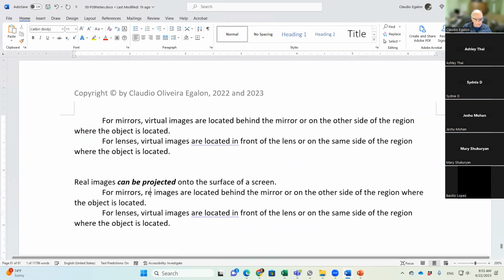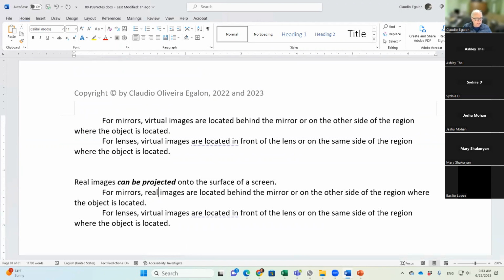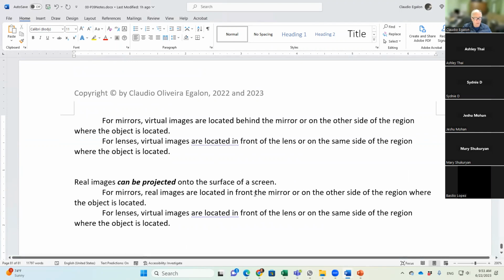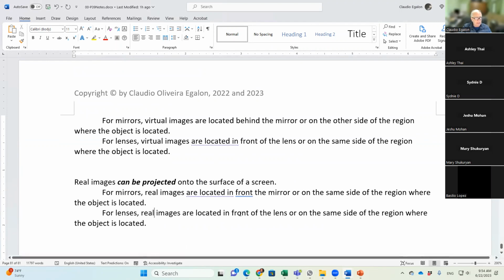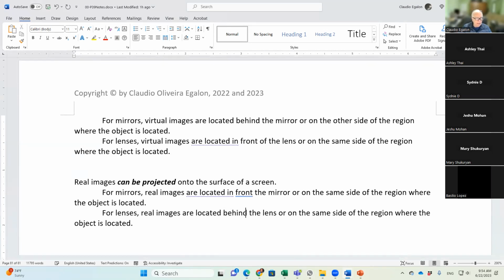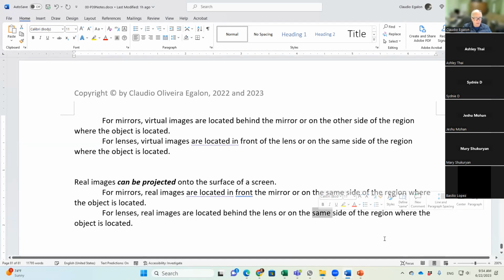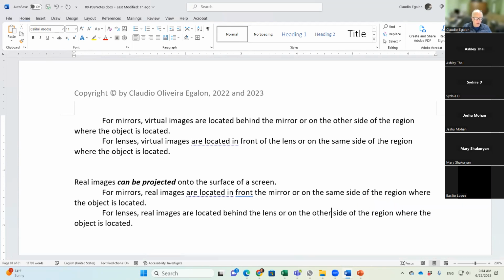For mirrors, real images are located in front of the mirror, or on the same side of the region where the object is located. For lenses, real images are located behind the lens, or on the other side of the region where the object is located.